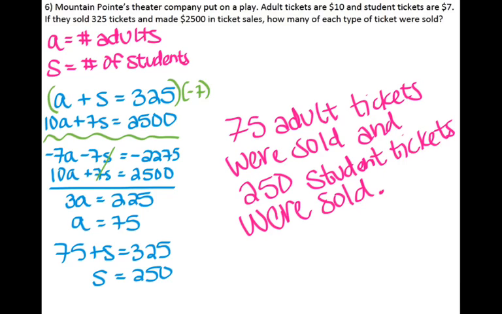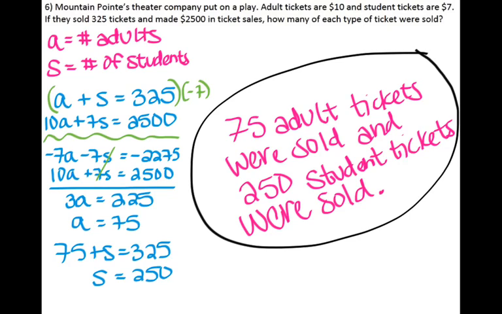Sorry about the crappy handwriting. But there you go. Again, don't forget to write your answer as a sentence. So that covers everything for your second learning target, which was solving a system of equations.